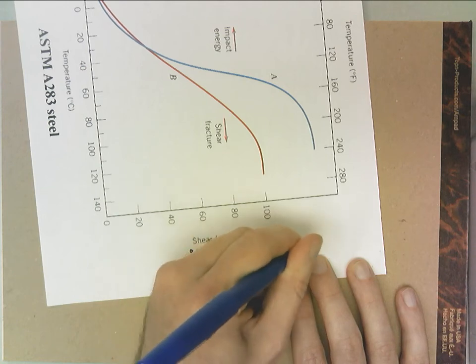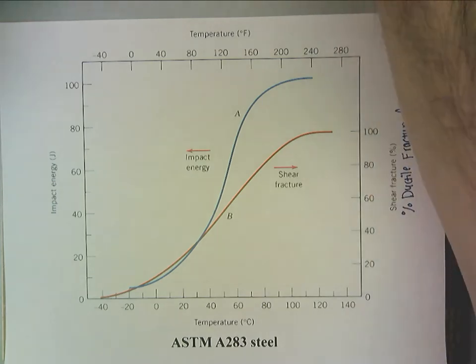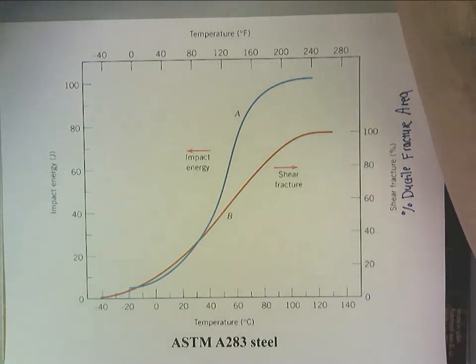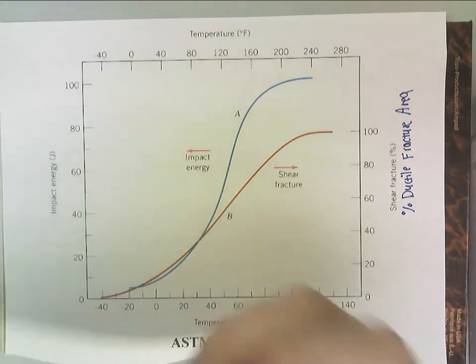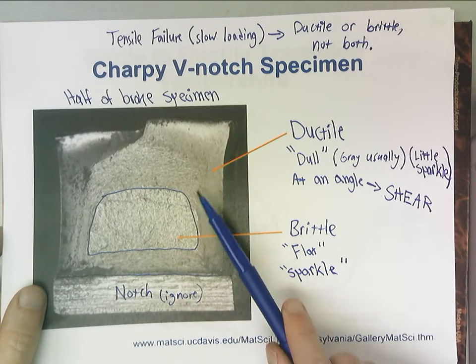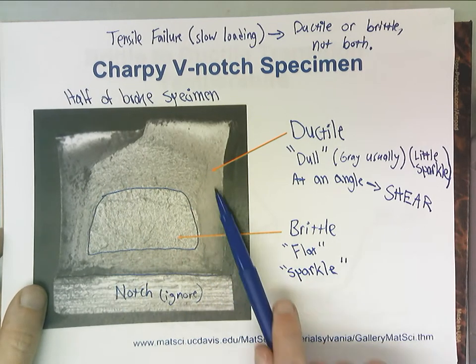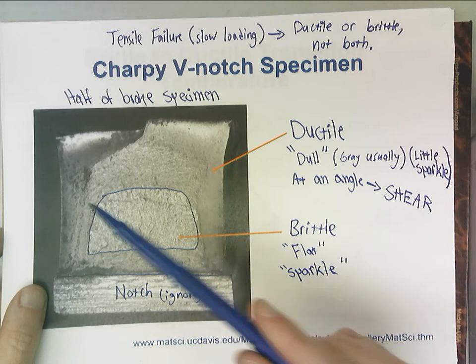Percent ductile fracture area. So if I back upwards to this slide, we're looking at probably just knee-jerk reaction about 60% ductile. That's the area outside here.